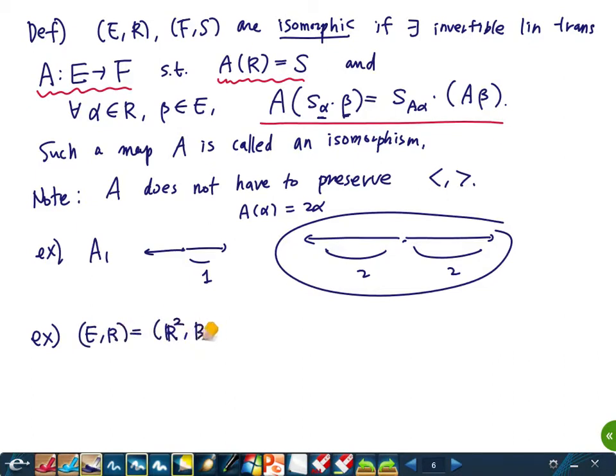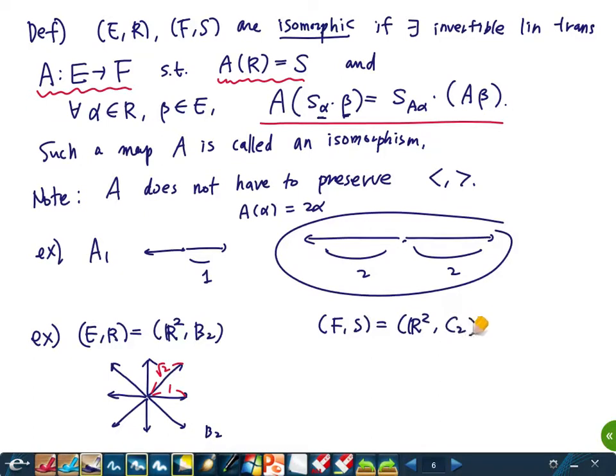Another less trivial, more interesting example is this. Let's say the root system of type B2 is like this. The length here is 1, and this is square root of 2, like that. And let's say F, S is the same vector space, but of type C2.